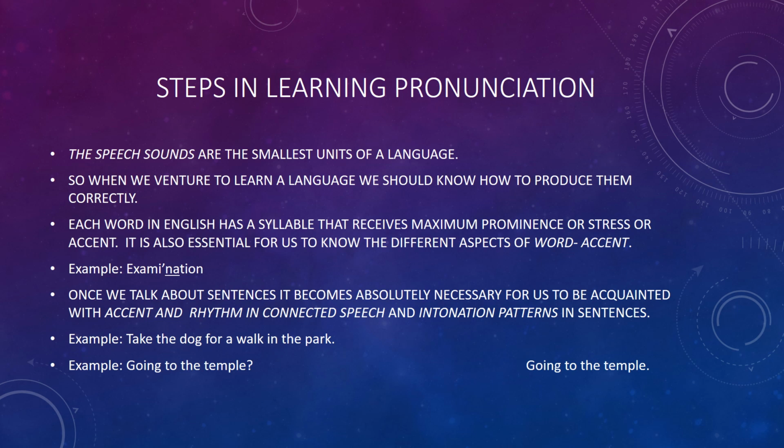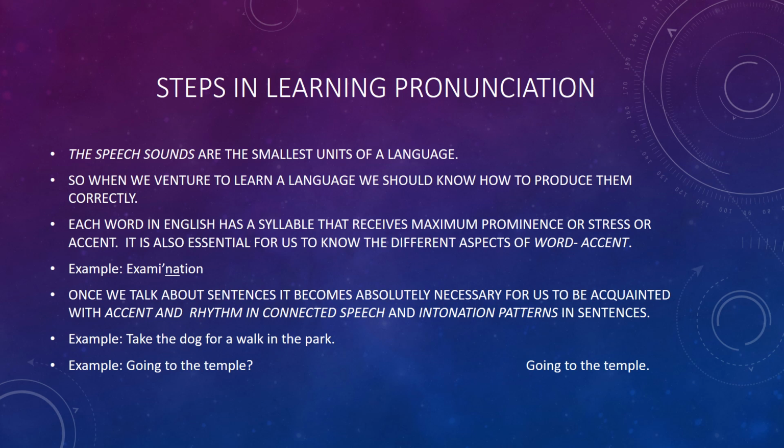It is also essential for us to know the different aspects of word accent. Look at the example, examination. In this word, the syllable 'ne' is receiving the stress or the accent.